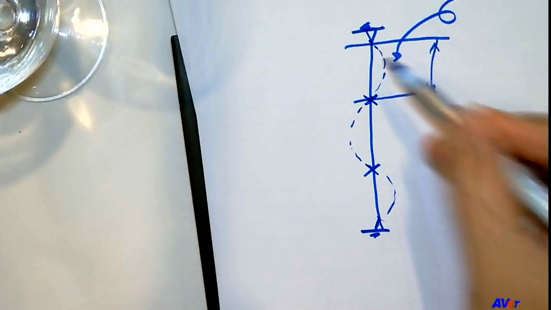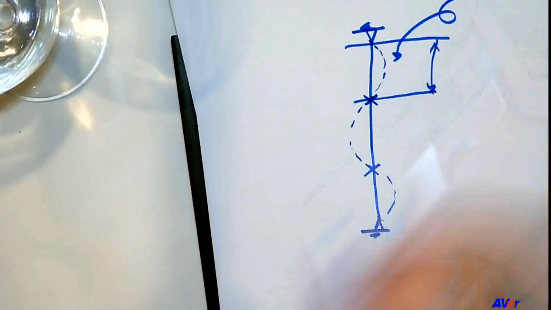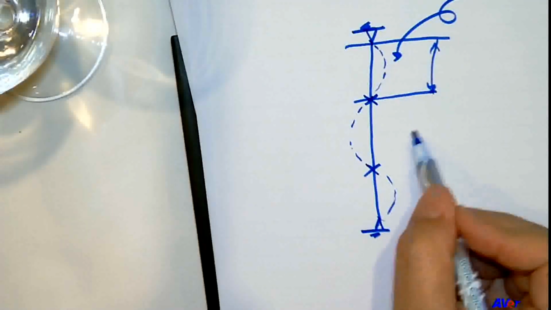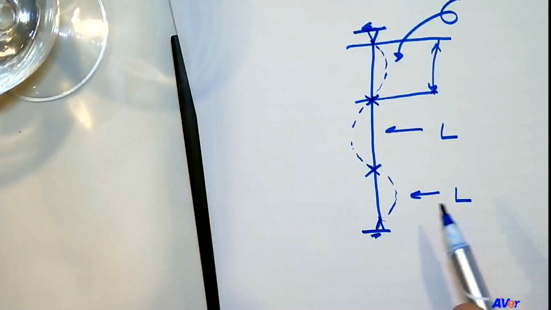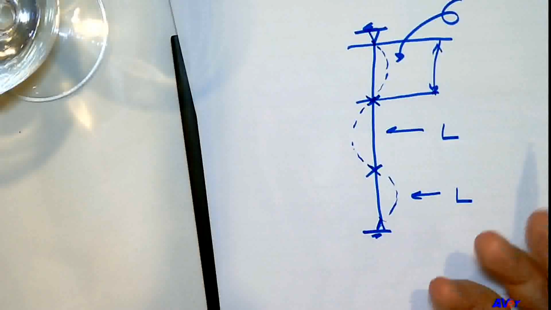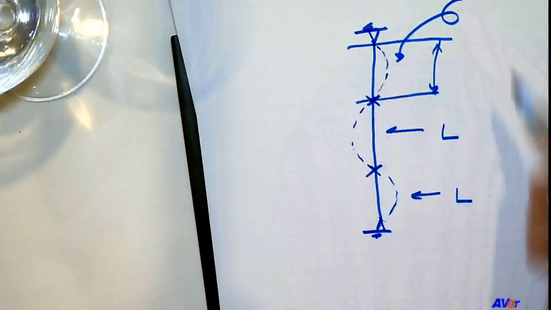And the strength of the column will be based on this unbraced length, this unbraced length, and this unbraced length. The length of the column may not be the same as the unbraced length. So we need to understand this.